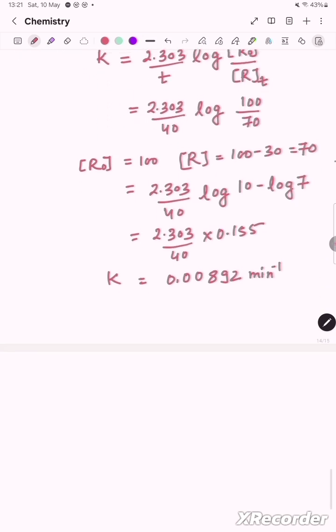So T half is equal to 0.693 upon 0.00892 per minute.